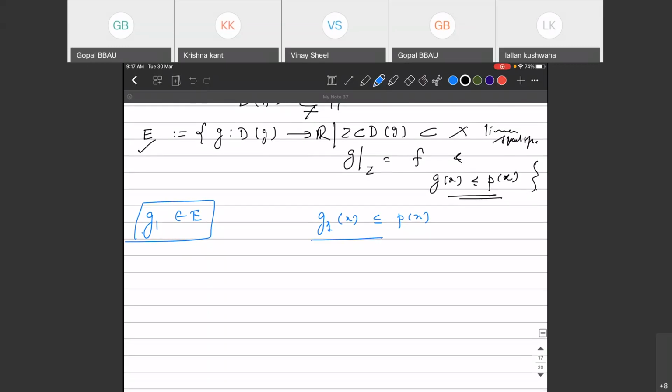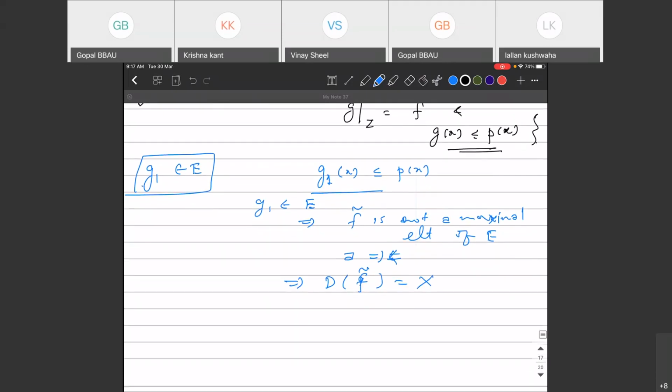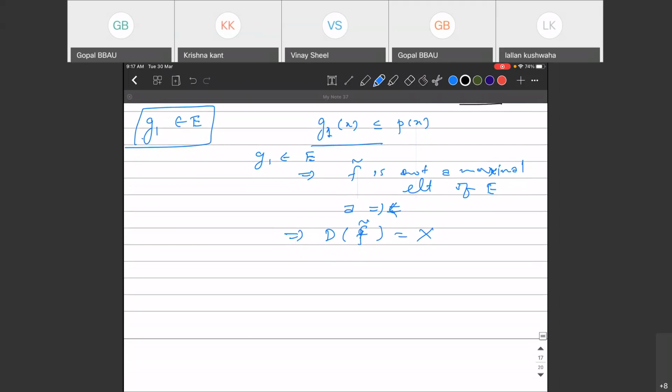If we prove this, this means G1 belongs to E. This means f tilde is not a maximal element of E, which is a contradiction. So our assumption was wrong. This implies the domain of f tilde equals X. Then our job is done.